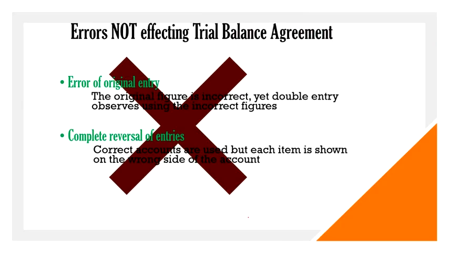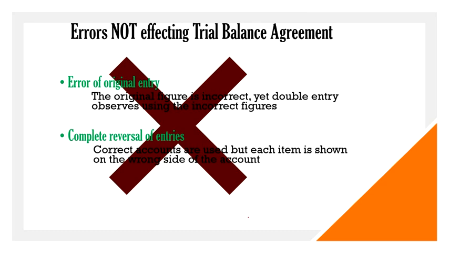Okay, so next error is error of original entry. The original figure is incorrect, yet double entry is observed using the incorrect figure. It means in error of original entry, your journal entry was already wrong from the start. You recorded the wrong figure in the journal entry. Okay, incorrect figure.